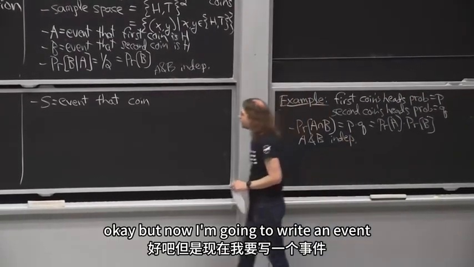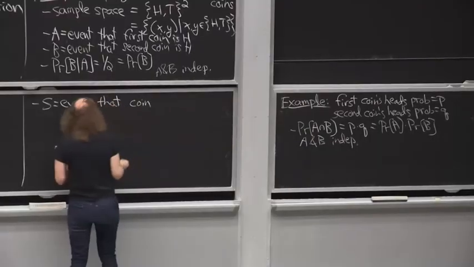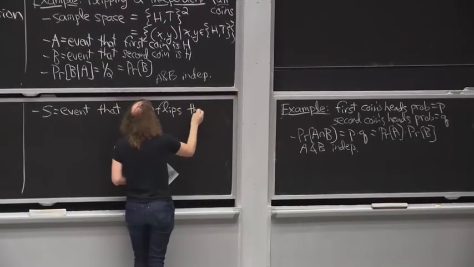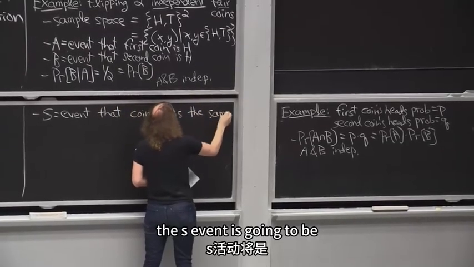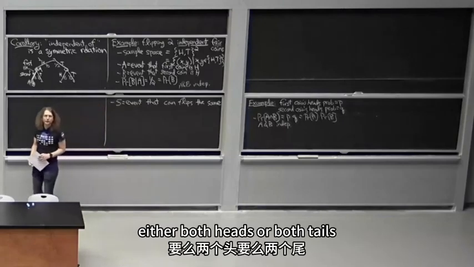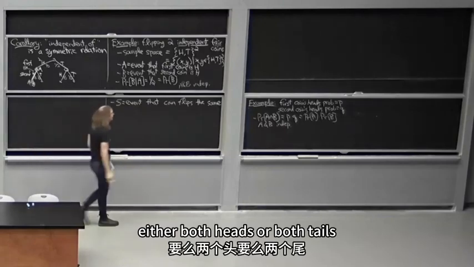OK, but now I'm going to write an event that's not so obvious. The S event is going to be that the coin flips come out the same, either both heads or both tails.